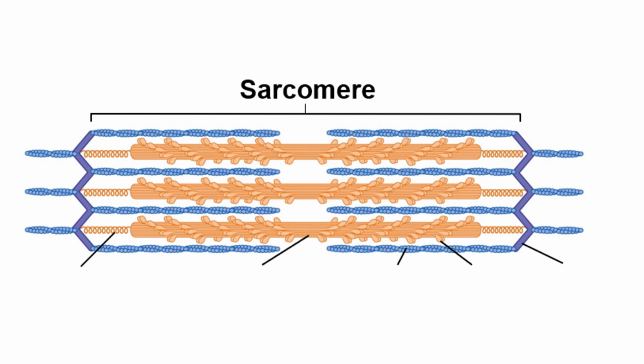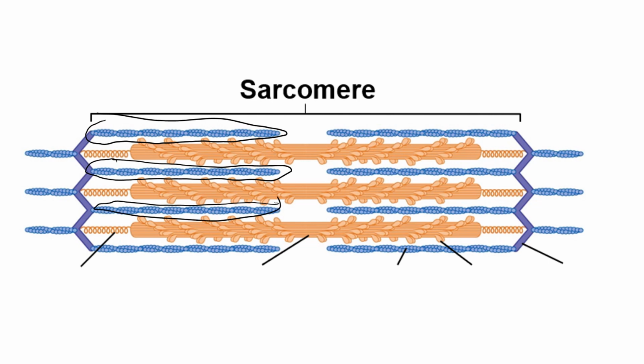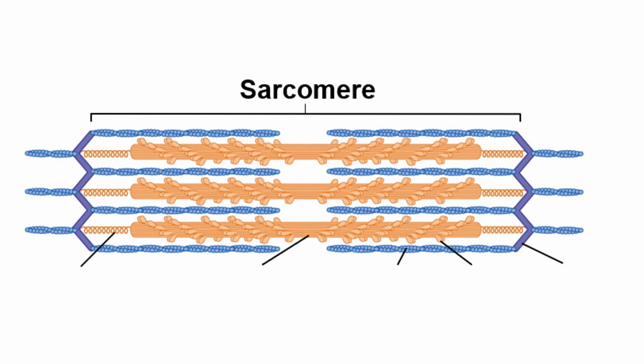So this is yet another rendering of a sarcomere, and you are seeing the actin filaments come off of the Z discs. Now, the reason that I'm using this image of a sarcomere compared to the ones I was using previously is because this image is a little bit more detailed and it looks a lot more like the images of actin that I just showed you.